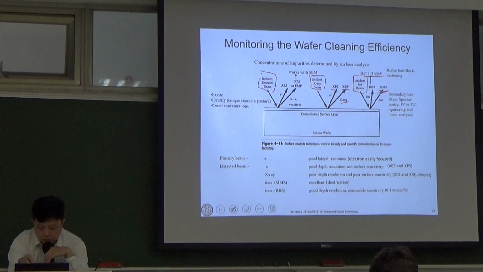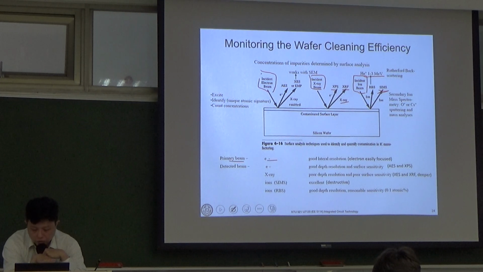So let's go back to this slide again. If your primary beam is electrons, they will give you a good lateral resolution because electrons are easy to focus. And if you detect electrons, it will give you good depth resolution and surface sensitivity, which is XES or XPS.